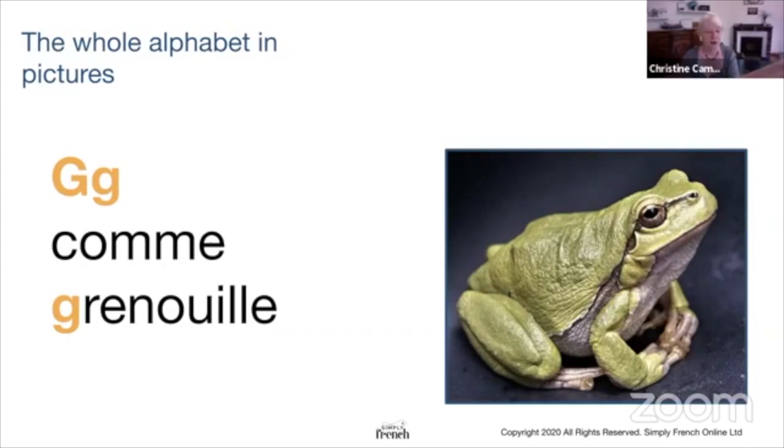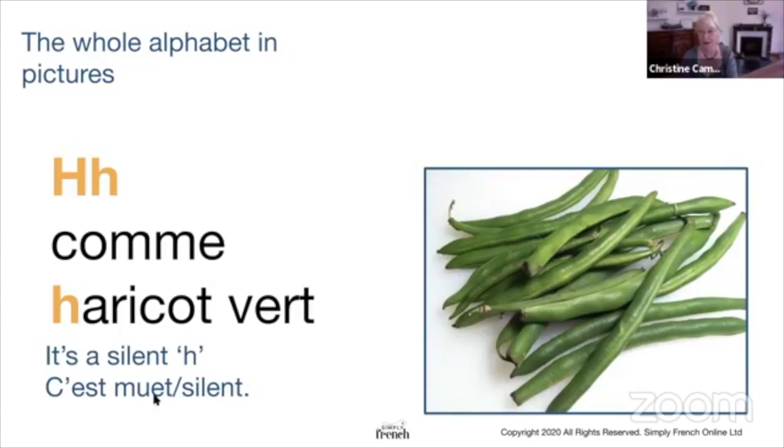Grenouille. So why don't you actually have a good go at writing some of the words you find difficult to pronounce? H comme haricot vert doesn't exist. It's muet, which means silent. Actually, it means dumb, but if you say silent, it's as if it's got a mouth to choose to be silent or loud. So we use the word muet in French. So H comme haricot vert, haricot vert.